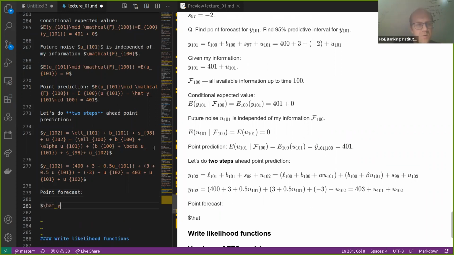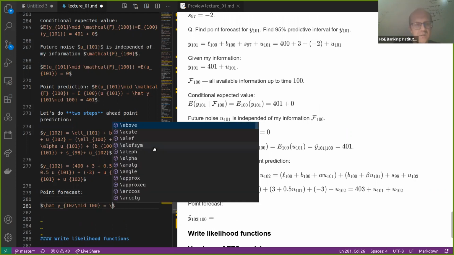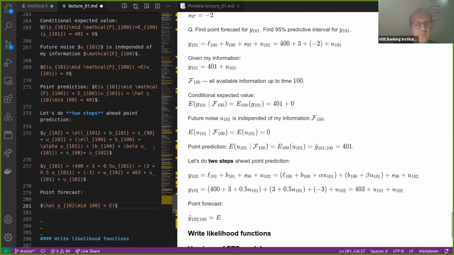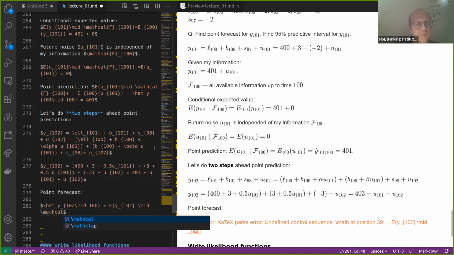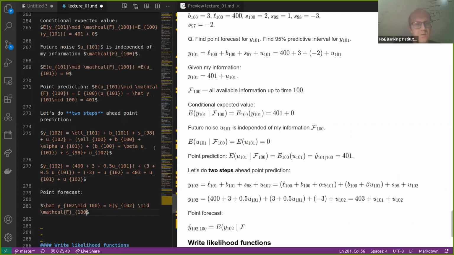Hat Y102 given all available information up to time 100, or in more scientific notation, the expected value of Y102 given all available information up to time moment 100. This is equal to, who can read from what I have written?